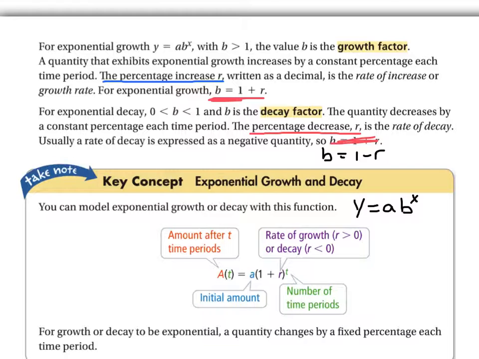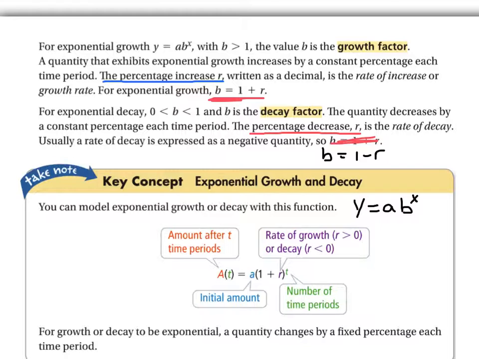So our initial amount is a, and then our b value is now replaced by either 1 plus r if it's exponential growth, or 1 minus r if it's exponential decay. Okay? And again, that goes along with what we were saying yesterday. Exponential growth is when the b value is greater than 1. So of course, 1 plus r is going to be greater than 1.